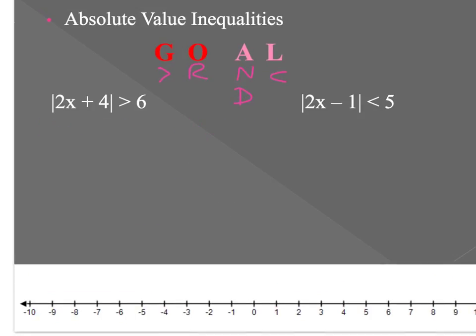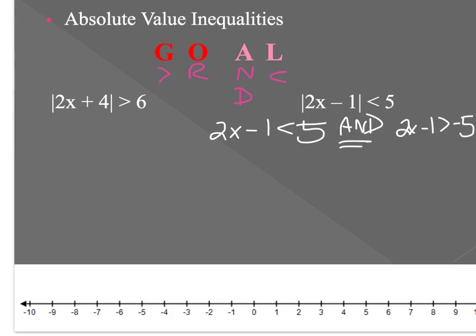So we're going to start off by creating our two inequalities. So 2x minus 1 is less than 5, and because we're starting with less than, it's going to be and 2x minus 1, change the sign and negate it, so is greater than negative 5. We're going to solve the two inequalities normally, so we're going to first add the 1 to the other side in the first inequality.